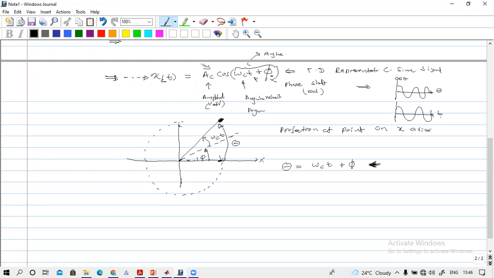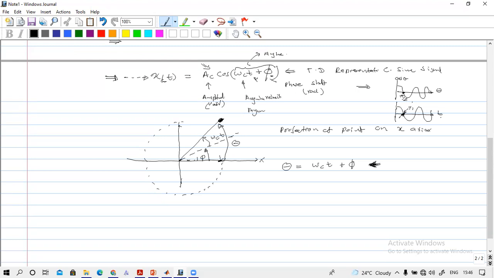But for any time instant t, there is a corresponding angle, no? For example, at this point, say the time is t1, that angle is equal to π/2. So at every time point there is a corresponding angle.